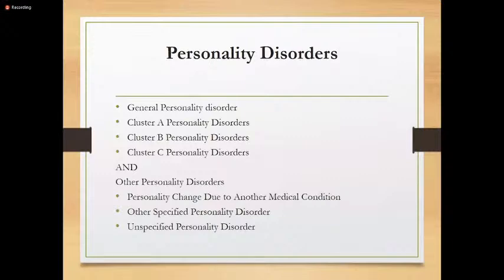Neurocognitive disorders, that's the delirium and the major and mild neurocognitive disorders. Now, we still have the personality disorders, and these are cluster A, B, and C, and then the others, which are not specified.